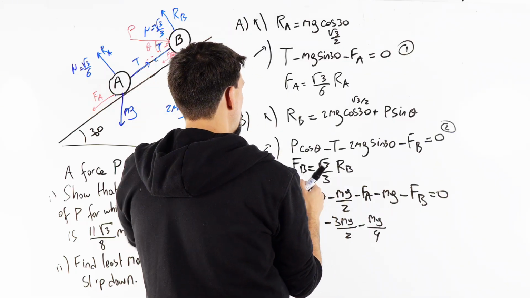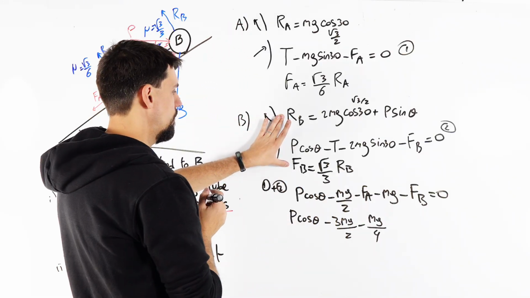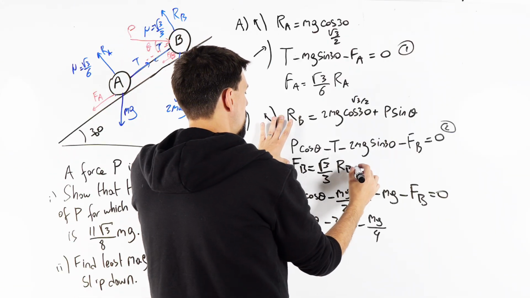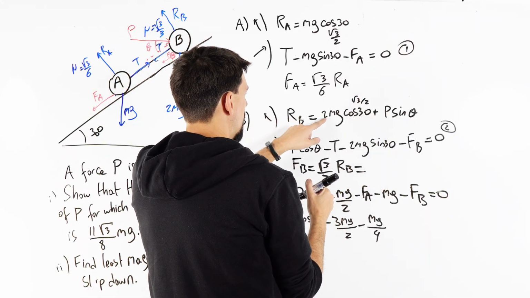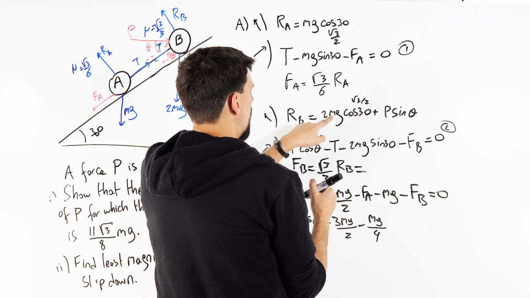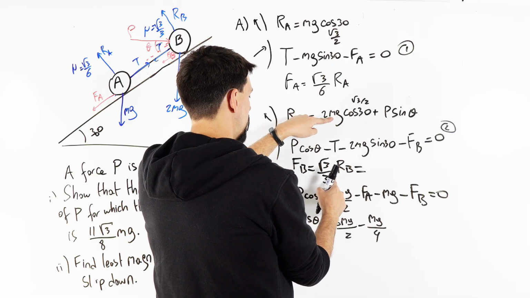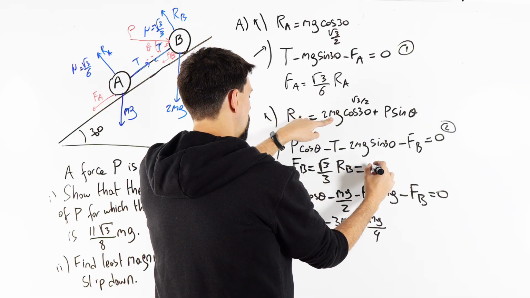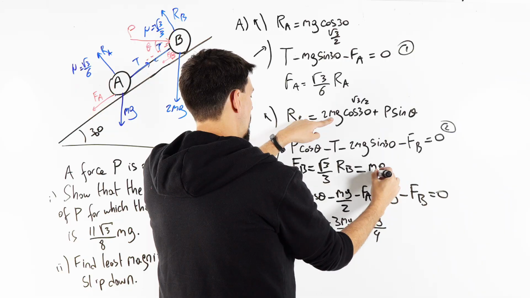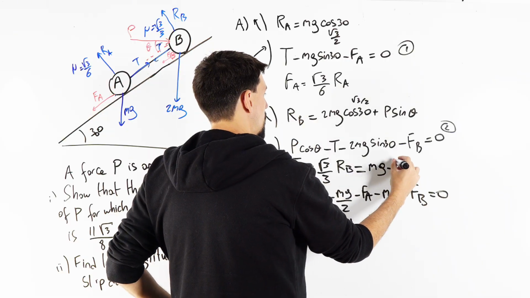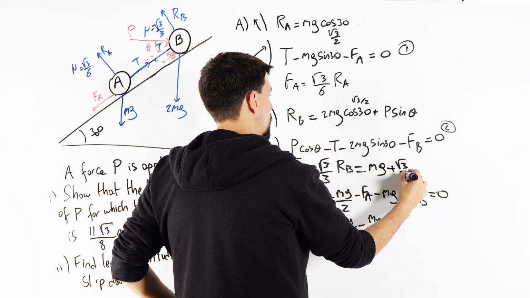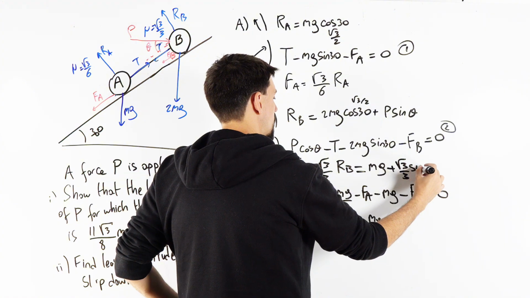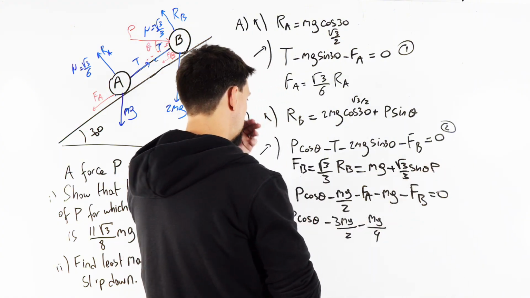So if we plug this into here, let's try plugging that into there. That is just root 3 mg times root 3 over 3, so that's just going to be mg plus root 3 over 3 sine theta P.